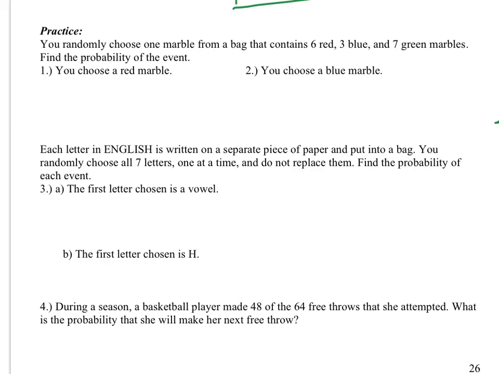What is the probability that the first letter you choose is a vowel? Okay, if all of these letters were in the bag, let's see, we have 1, 2, 3, 4, 5, 6, 7 letters in the word English. How many of them are vowels?